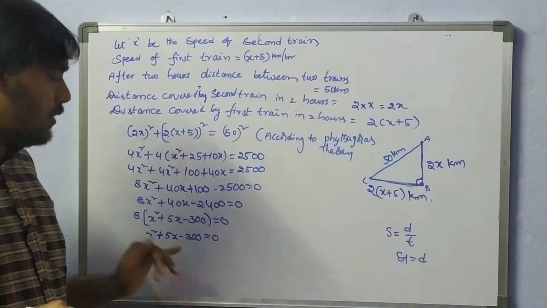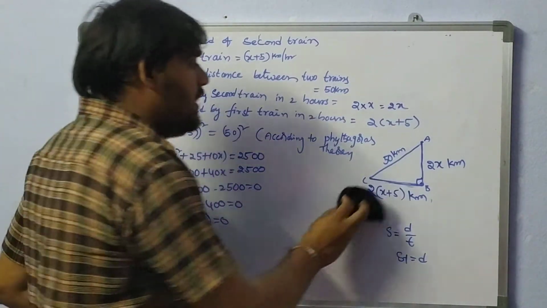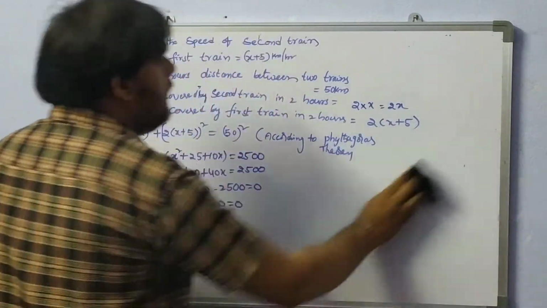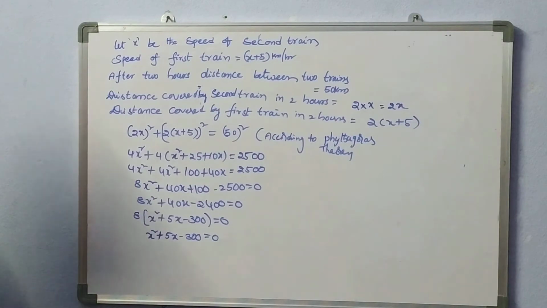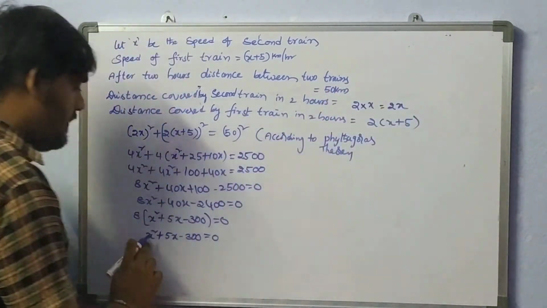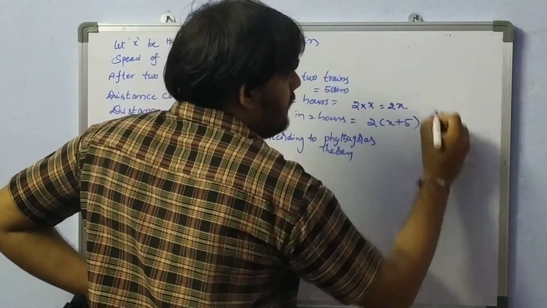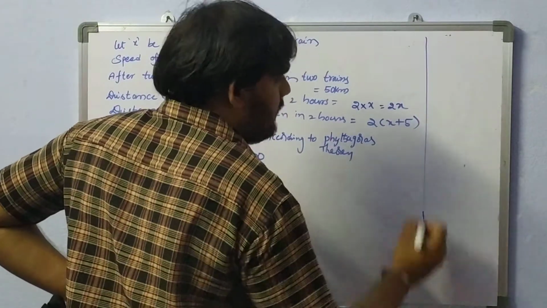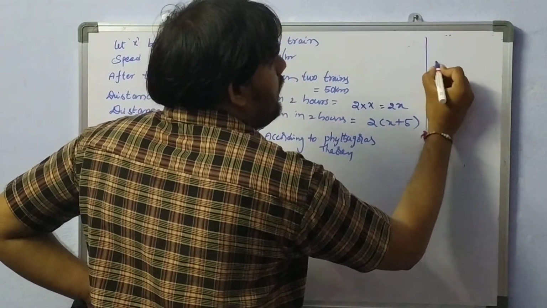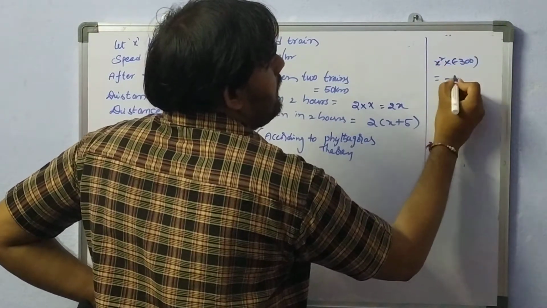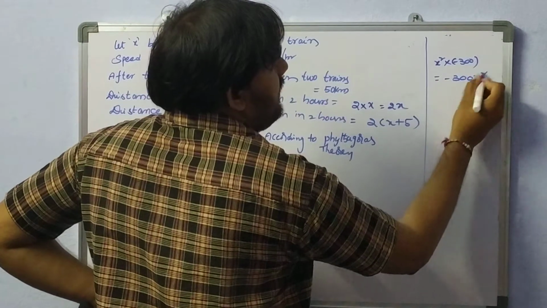We need to find the roots of the quadratic equation. By using the factorization method, we can find. In that, first we need to take the first term and last term and multiply. Here I am taking x square into minus 300, we will get minus 300 x square.